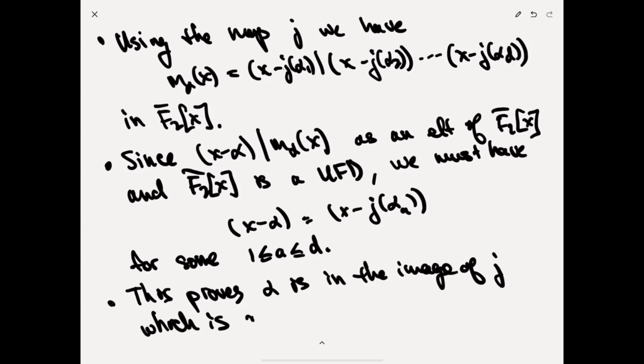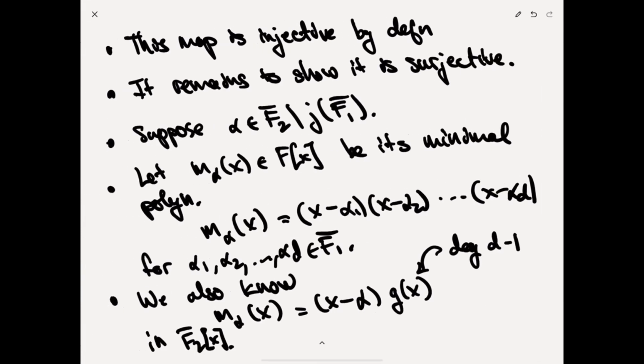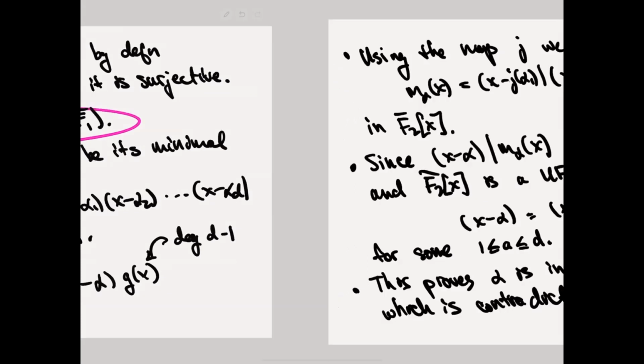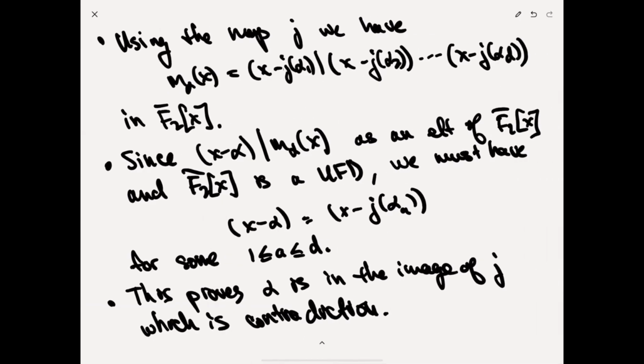So what is it contradicting? It's contradicting the assumption here that it wasn't in the image. We ended up showing that alpha is in the image because here you cancel the x's, and we showed that it has to be one of these things here.